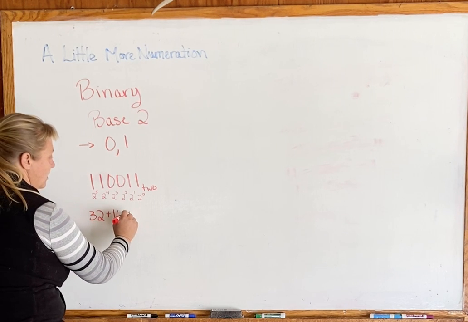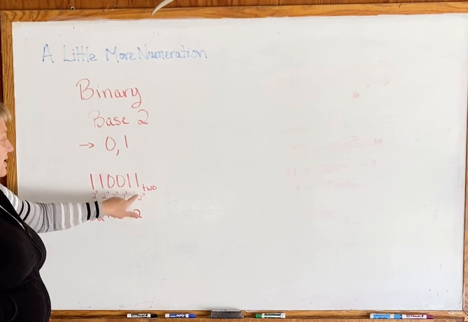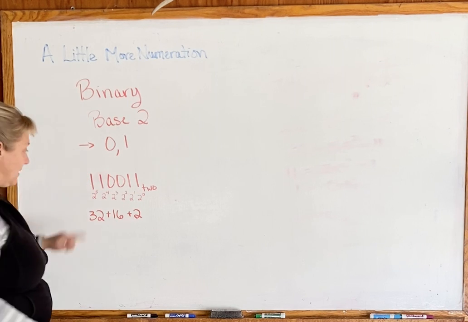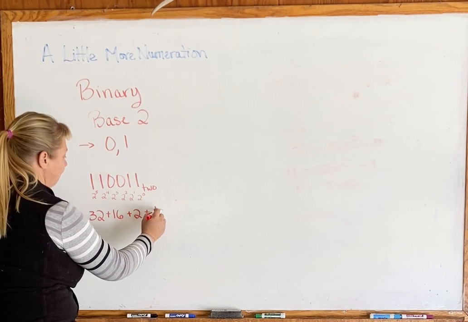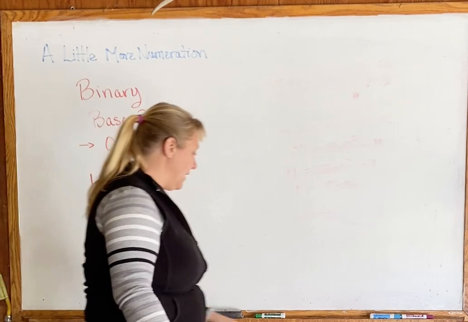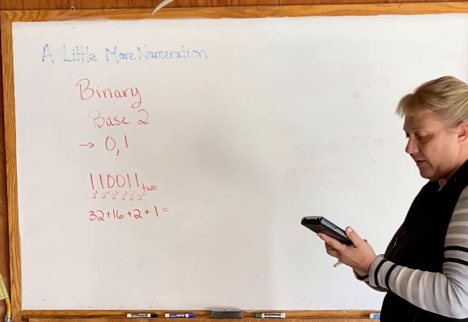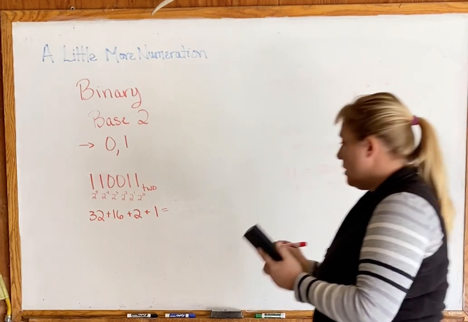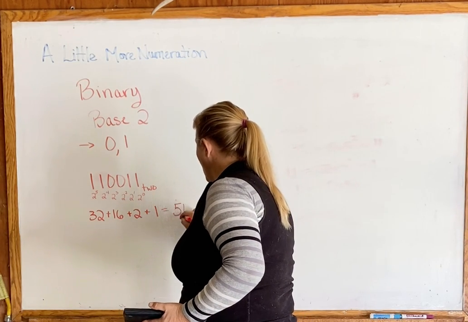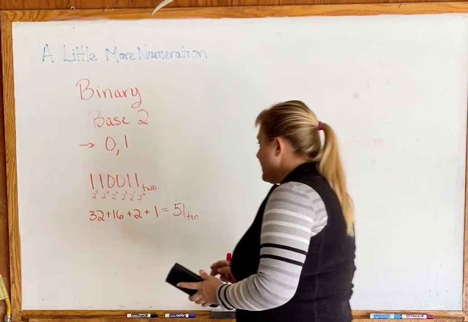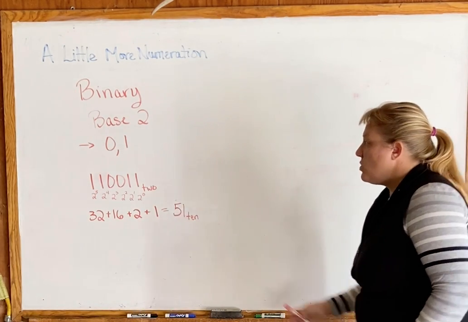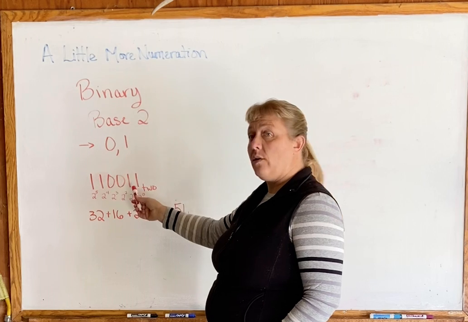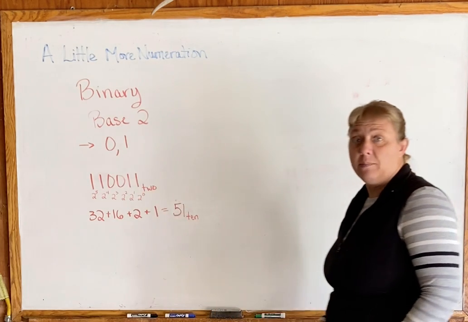And 2 to the 1st is just 2. And is there a 2 to the 0? Yes. And that's just 1. So all together, if we add those guys together, we get 32 plus 16 plus 2 plus 1, which is the number 51. And that's in base 10. So this 110011 is the representation of the number 51.